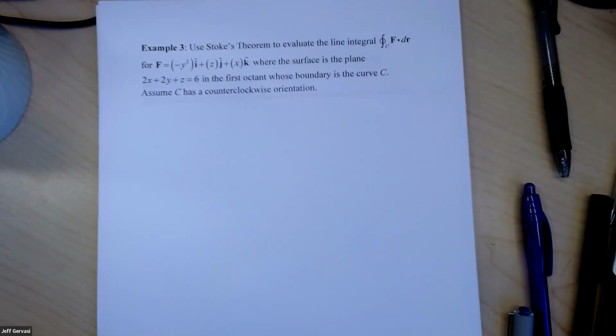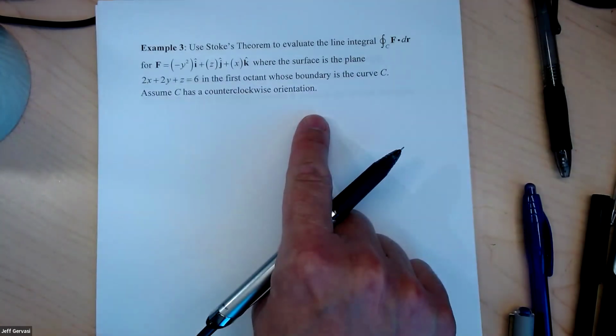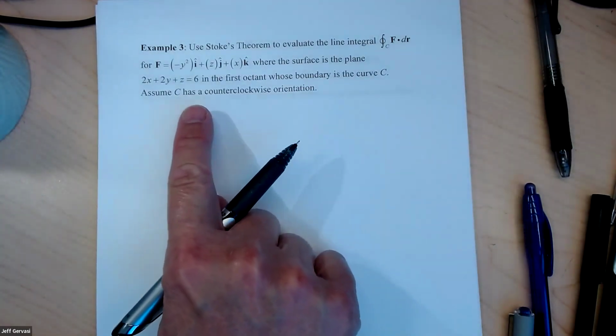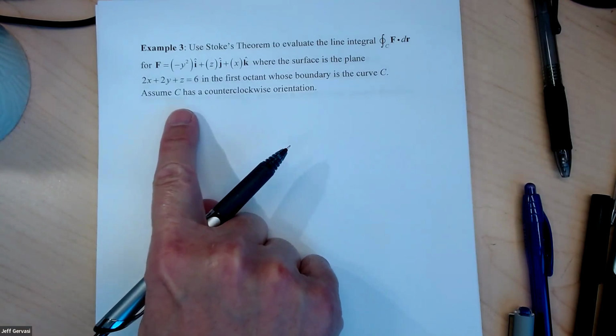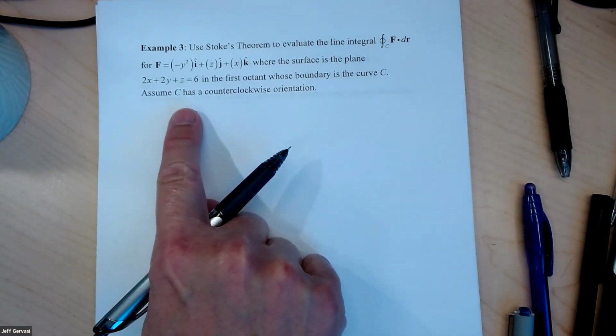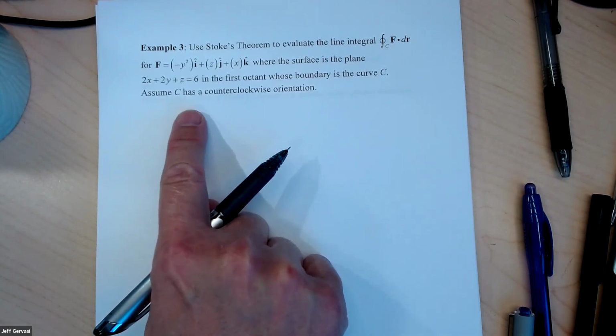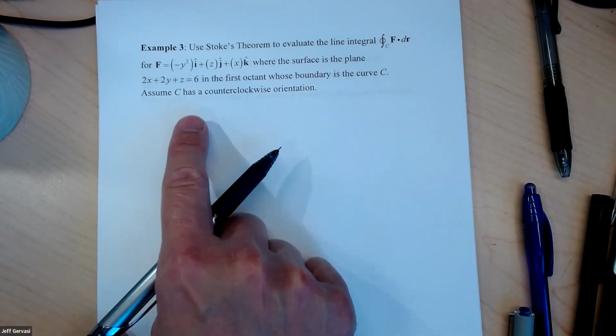All right, here's our next example. Use Stokes' theorem to evaluate the line integral for the given vector field. This time the surface is the plane 2x plus 2y plus z equals 6 in the first octant, whose boundary is the curve C. And assume that C has a counterclockwise orientation.